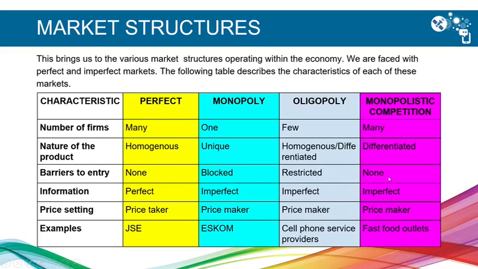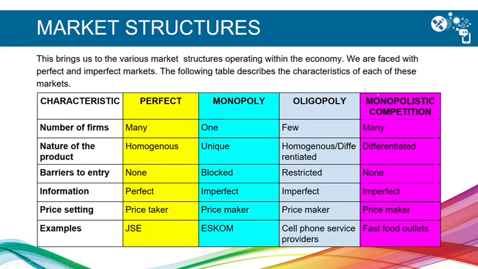And the information is imperfect, because if you look at my example, I use fast food outlets. So obviously, KFC don't want others to know what herbs and spices they use on their chicken. And also, they are price makers within a monopolistic competition, whereas perfect competitors are price takers.